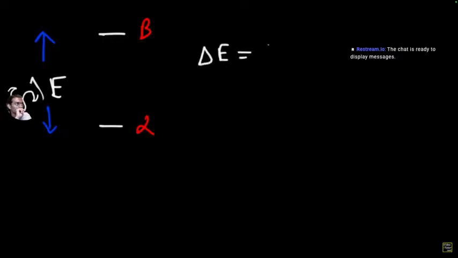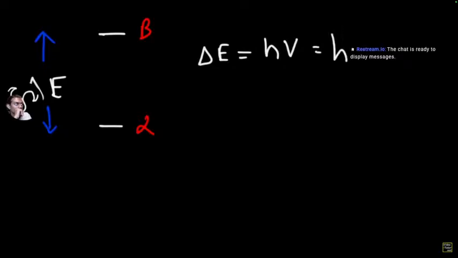Now, if we want to, we can calculate the energy difference between the alpha state and the beta state. And here's the formula that we could use to do so. The energy difference is going to be Planck's constant times the frequency of the energy that we're going to use to put into the protons in the alpha state.